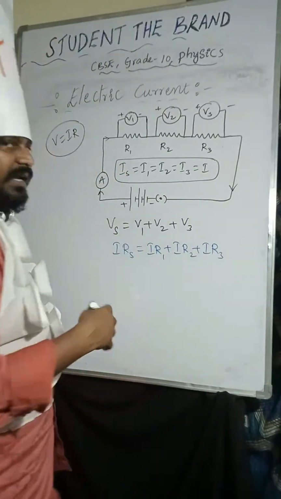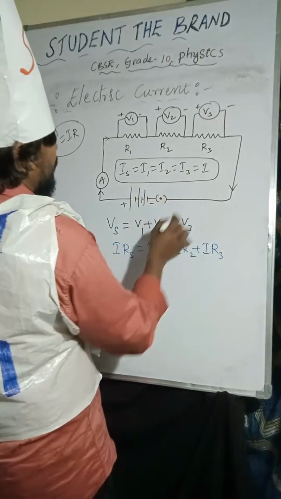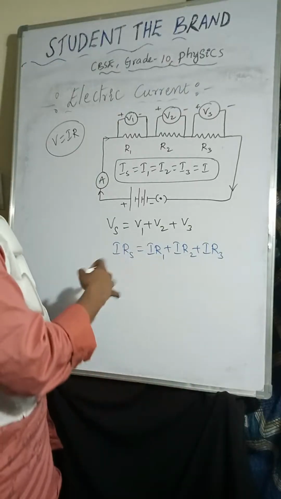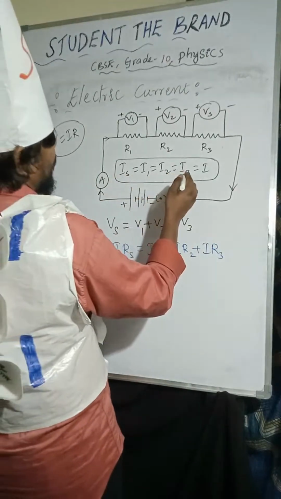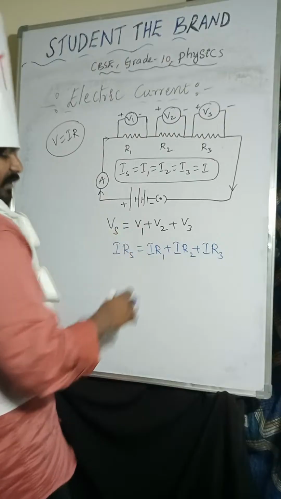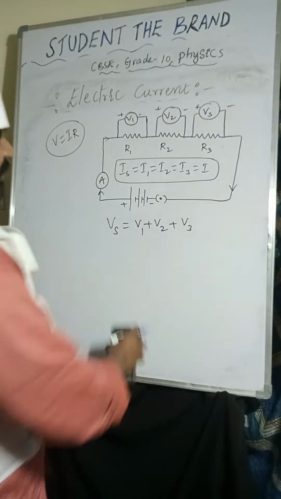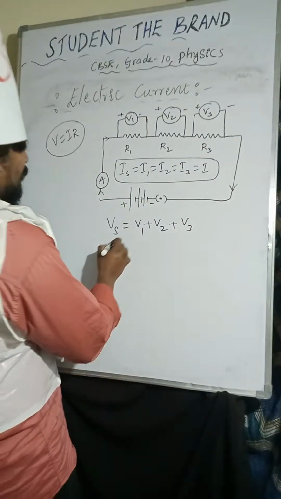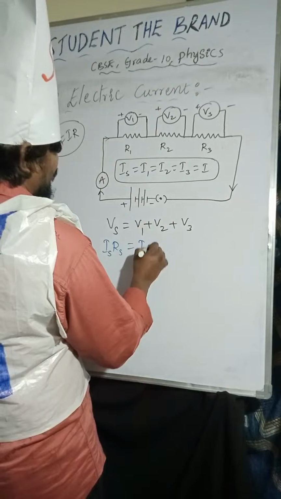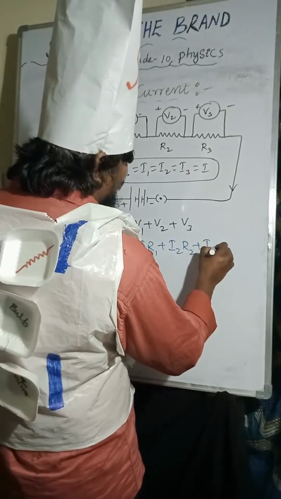Here I am taking I common, as we know I is equal to I1 equal to I2 equal to I3 equal to I. So instead of writing I1, I2, I3, I directly substituted I. I'll write one more step: I Rs equal to I1 R1 plus I2 R2 plus I3 R3.